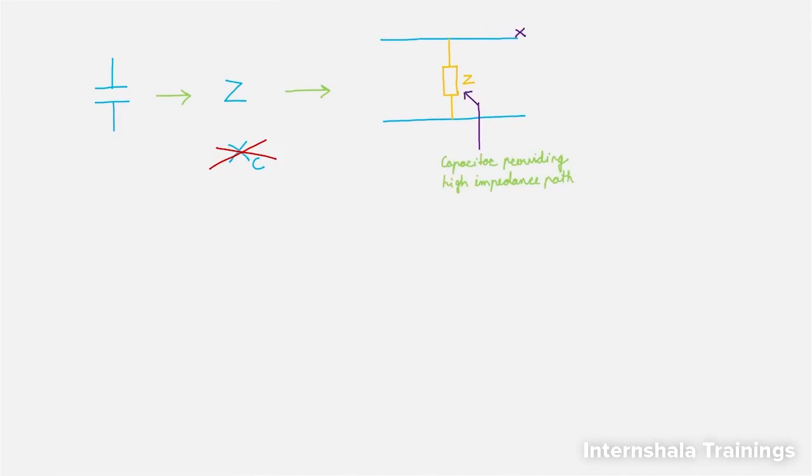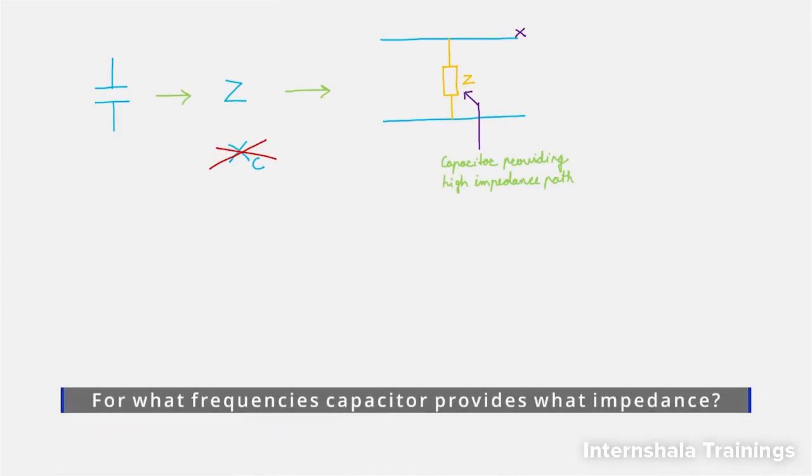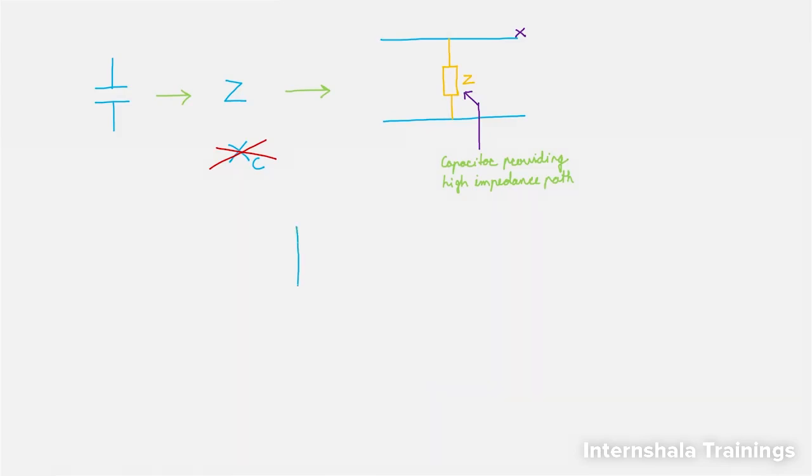Now the question comes: how will I know for what frequencies the capacitor provides what impedance? This question is related to the impedance versus frequency plot of the capacitor. And the answer is, you need to check the manufacturer website.